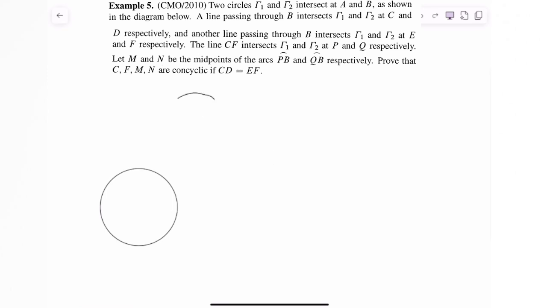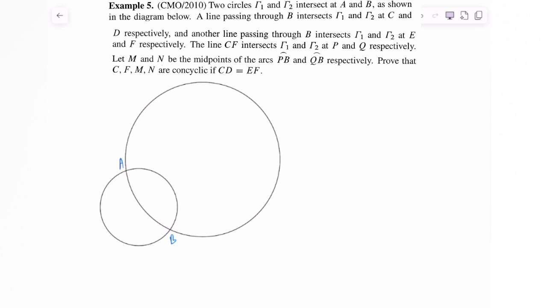Wait, it's not working. Okay, so A and B. A line passing through B intersects R1, R2 at C and D respectively.